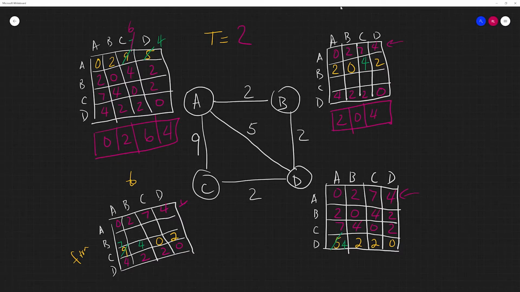We have 2 over here, but it costs me 2 to get to D, so it stays 4. And then over here we have 2. And again, to get to D, it's going to cost me 2. So that's why I have a 0 over here.